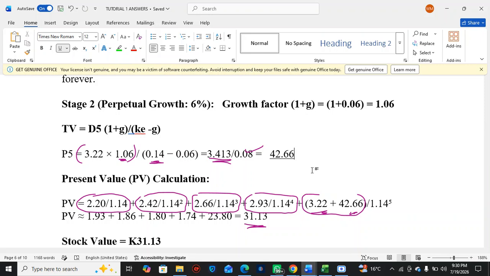Those dividends from year six until infinity, you are combining all of them together. So it's the total of the perpetuity. Any other questions?